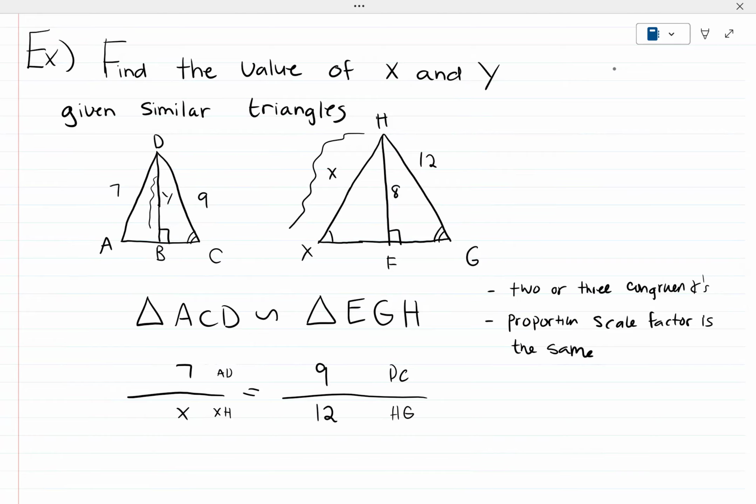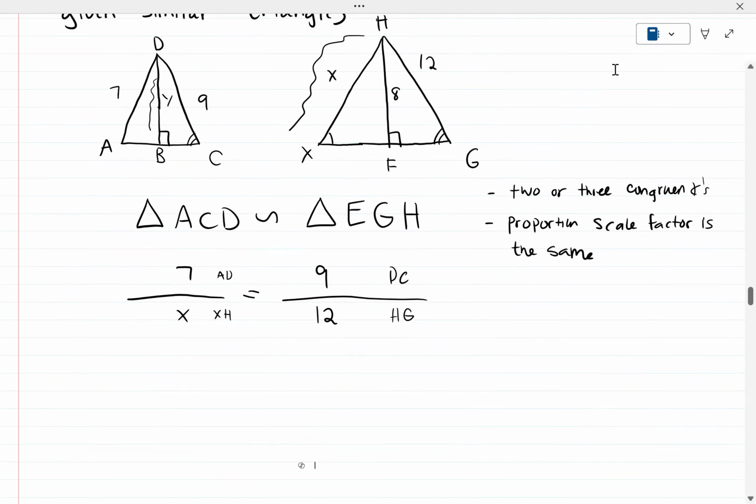Okay, go ahead and cross multiply. So 7 over x equals 9 over 12, which can be reduced by 3. 9 divided by 3 is 3, 12 divided by 3 is 4. And then cross multiply, so 7 times 4 is 28. 3 times x is 3x.